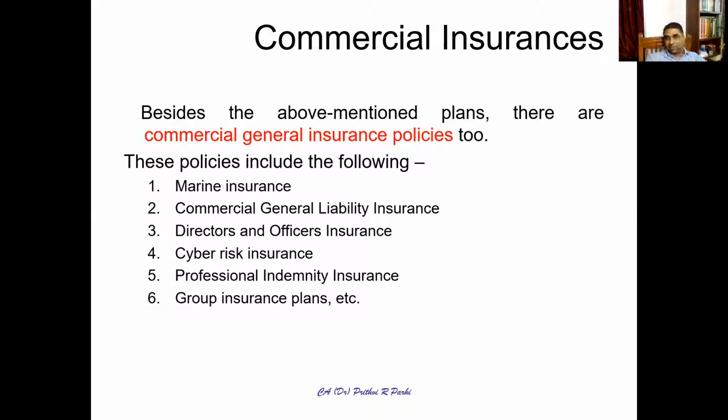Professional indemnity insurance. Professionals also sometimes face financial loss, like doctors and finance professionals. Many times they take a risk, and for that they may incur some financial loss. To cover that loss, professional indemnity insurance can be taken.